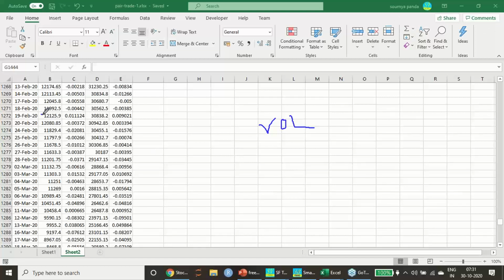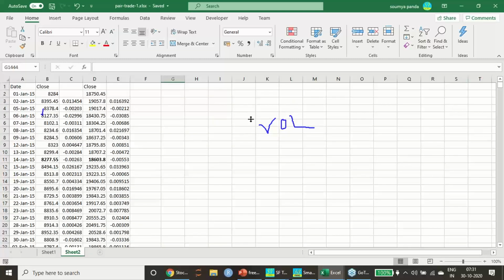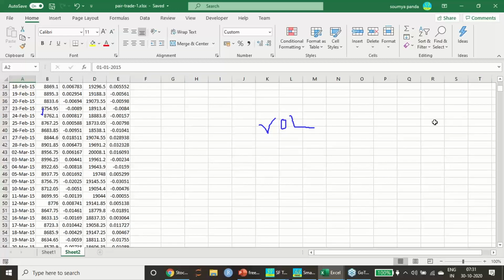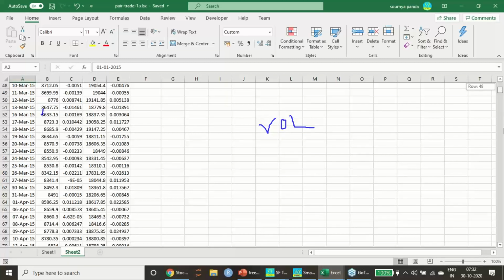So I have taken the Nifty and Bank Nifty pricings for a 5 calendar year study, from 2015 to 2020. Five calendar years, not actual date-wise years, from January 2015 till date.